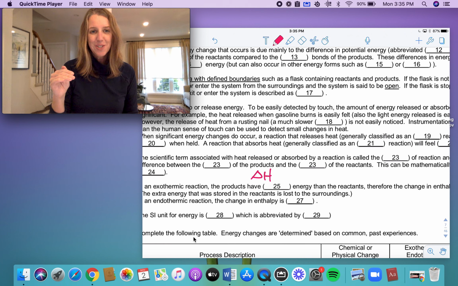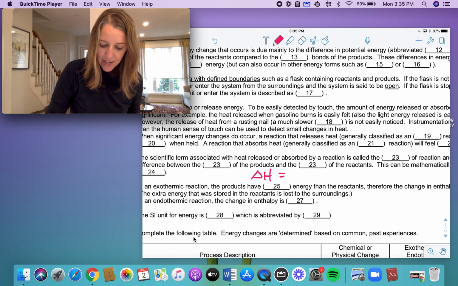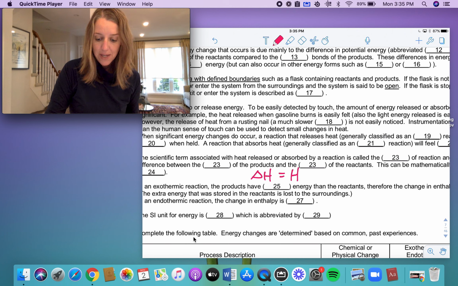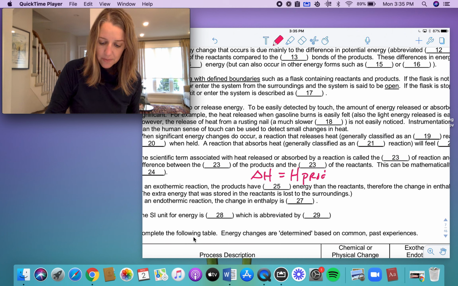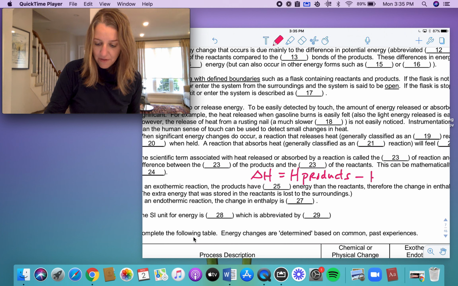And if the difference between those two is negative, then your thermochemical equation is exothermic, because you're going to have a negative enthalpy. So that formula, again, you get it from the H, or the enthalpy of the products. We're just taking the difference between the two, and that's your delta. Take the energy of the products, subtract that from the enthalpy of the reactants.